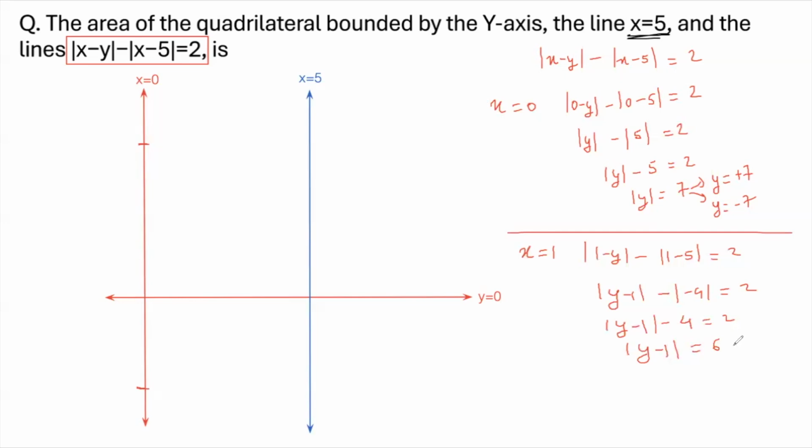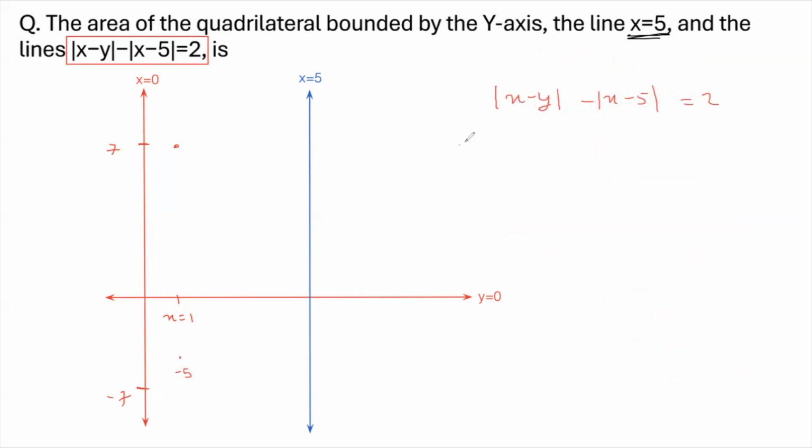If |y − 1| is 6, guys, we can say that y − 1 will be either +6 or −6, right? So from here, you get y = 7 again, and y = −5. So the first set of values were −7 and +7. The next set of values at x = 1 would be y = 7 again, and y = −5.